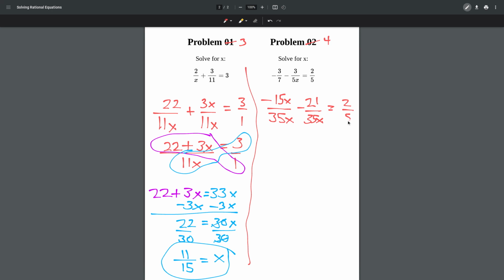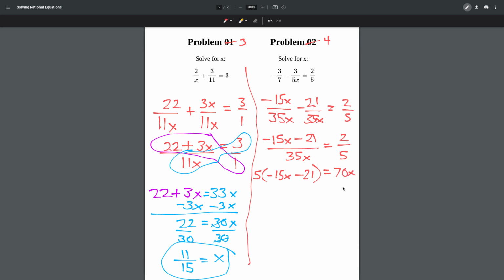So if I combine them, I'm just going to get negative 15x minus 21 all over 35x equals 2 over 5. I'm then going to multiply 5 times this. So we have 5 times negative 15x minus 21 equals 70x if I multiply these two.